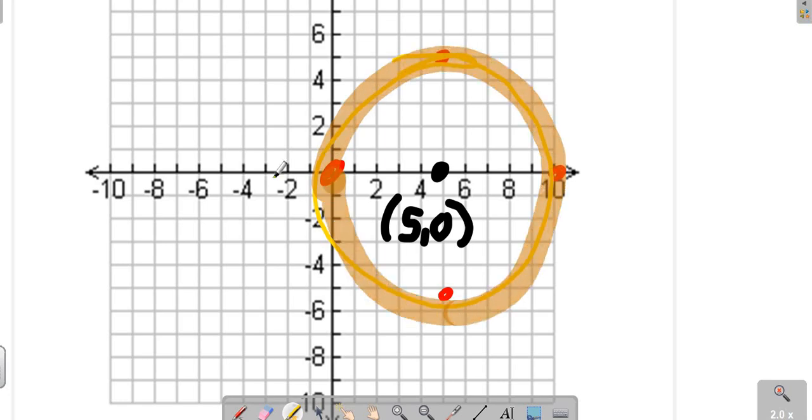Here is your circle. Hopefully you do yours a little bit more accurately than I did mine.